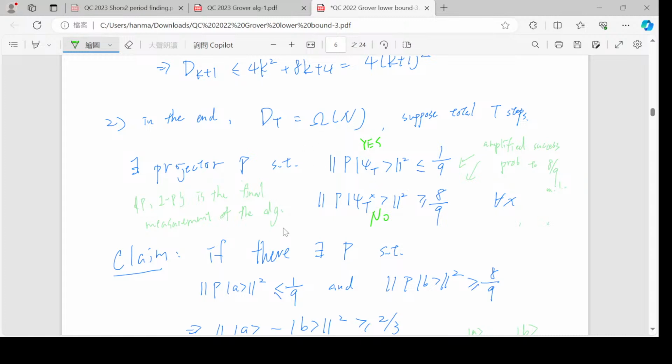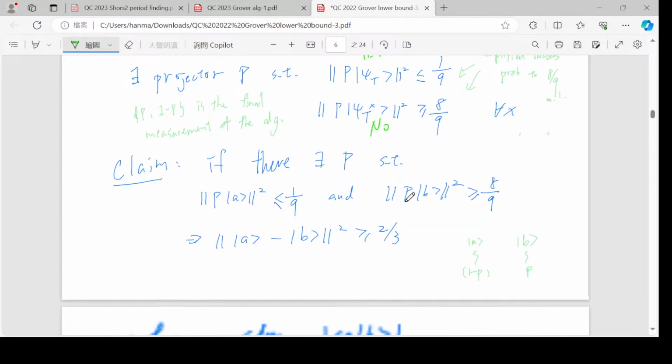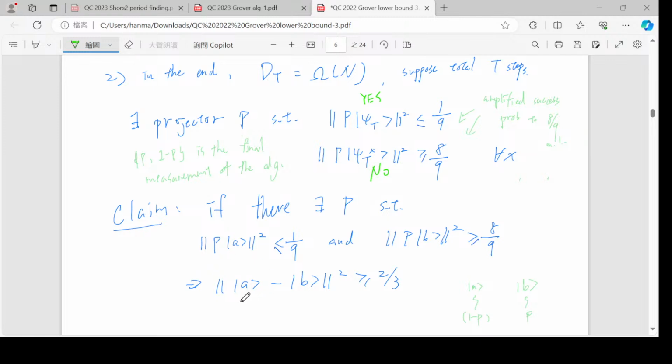So we claim that if these conditions are satisfied, then the distance between every pair of psi and psi x must be greater than or equal to this constant 2/3.